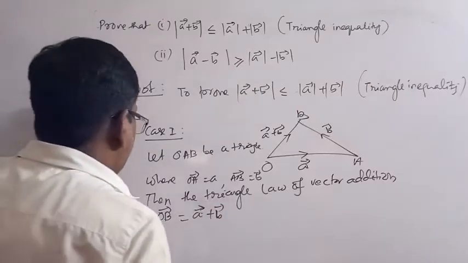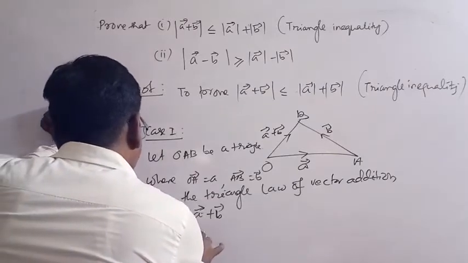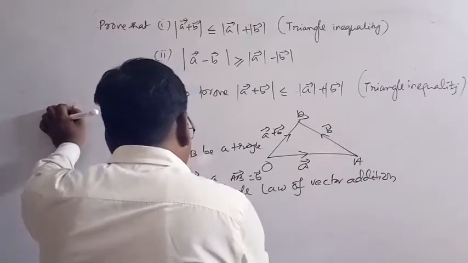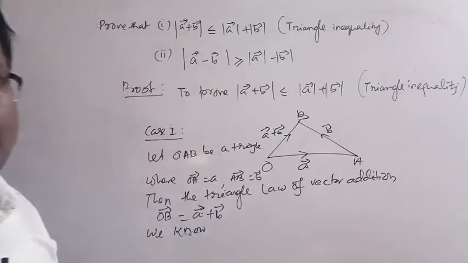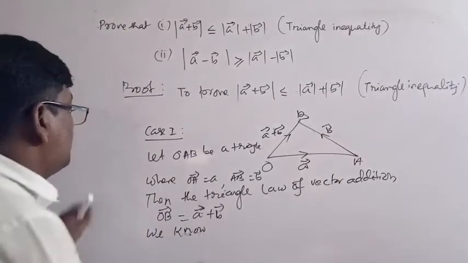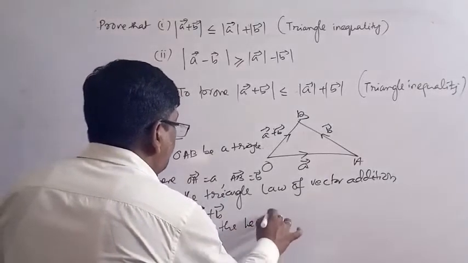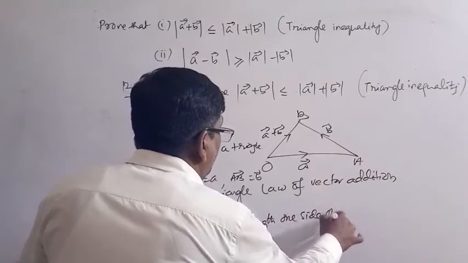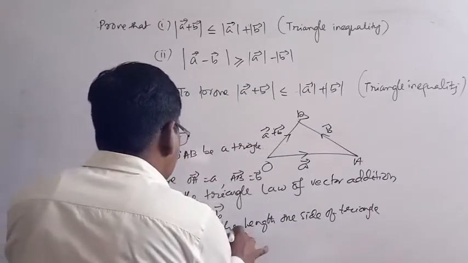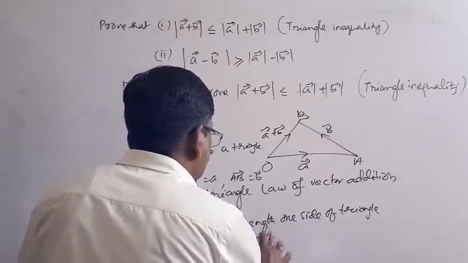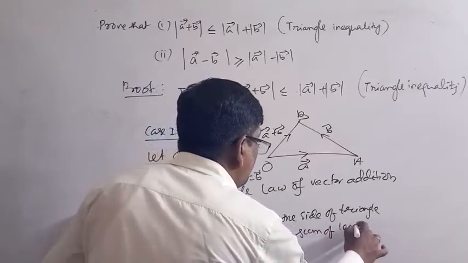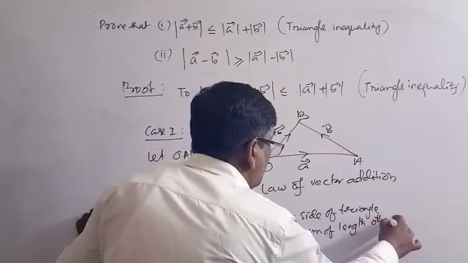But we know the length of one side of a triangle is less than the sum of the lengths of the other sides.